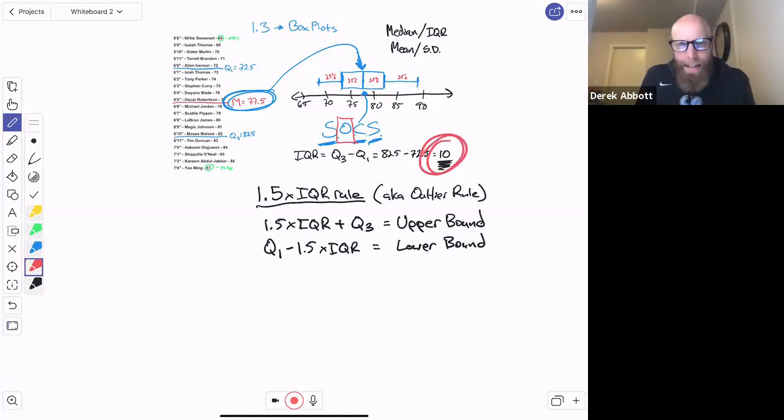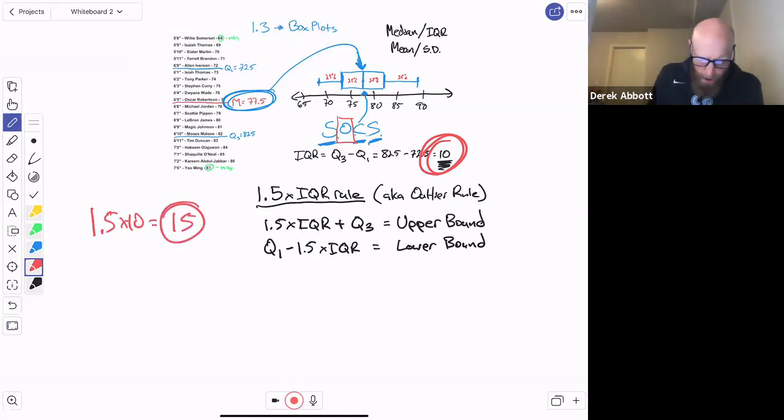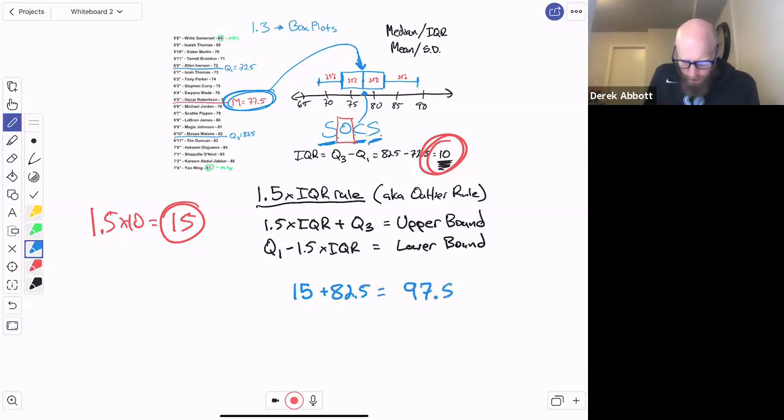All right, 10 is the IQR. So I'm just going to do it out here to the side. 1.5 times 10 equals 15. So for the upper bound, that's 1.5 times IQR plus the Q3, which happens to be 82.5. If I do that, we get 97.5 inches.